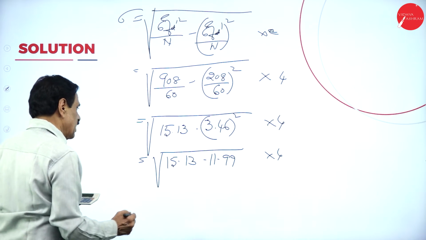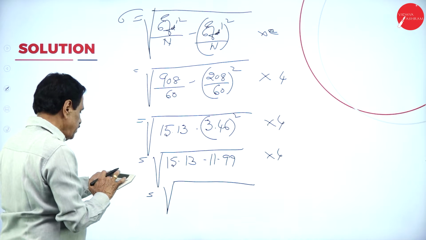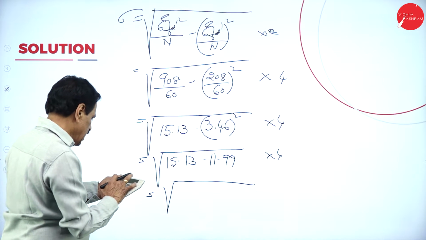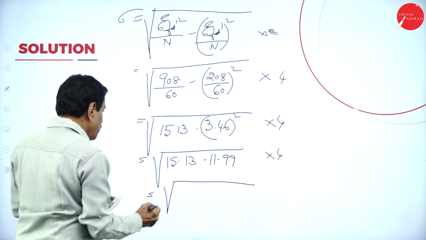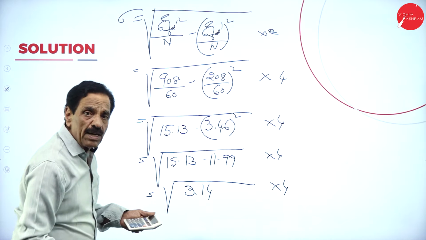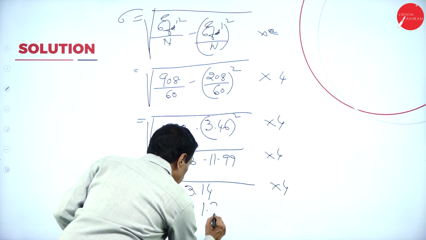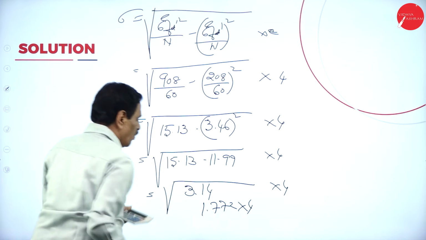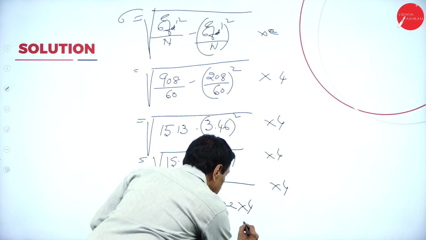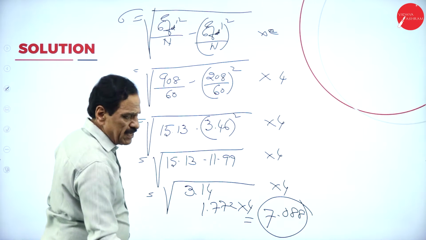Deduct: 15.13 minus 11.99 is equal to 3.14, into 4. Root of 3.14 is 1.772. 1.772 into 4 is 7.088. This is your answer.